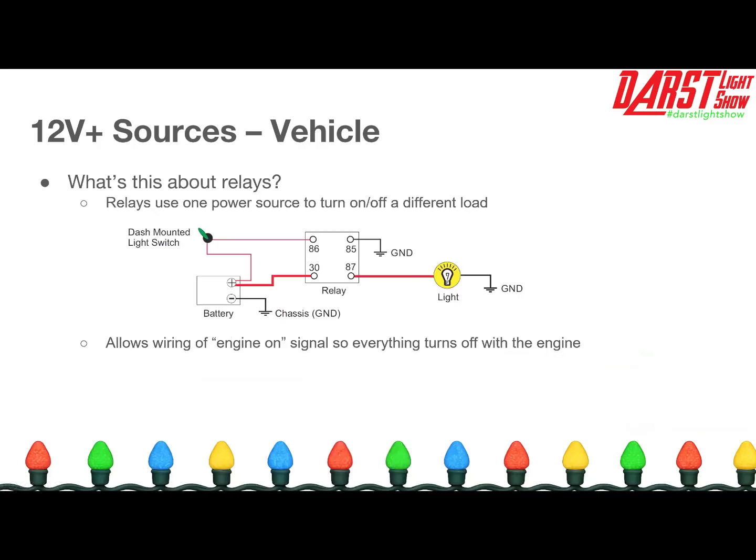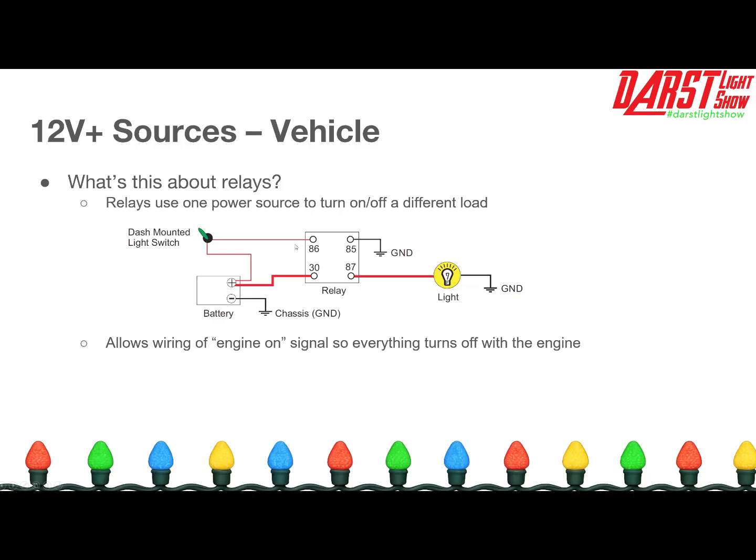So what's this about relays? Relays are basically how you use one power source to turn on and off a load from a different power source. In this case, we've got that switch on the dash. It was a box with 6 of them, but basically you have a switch or 6 switches or 15 switches or whatever.